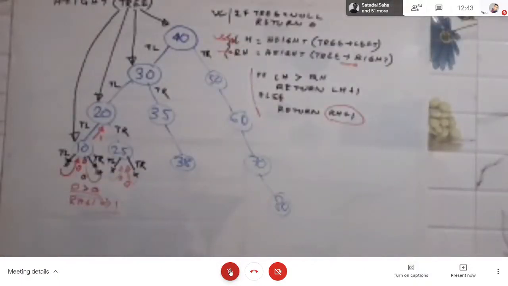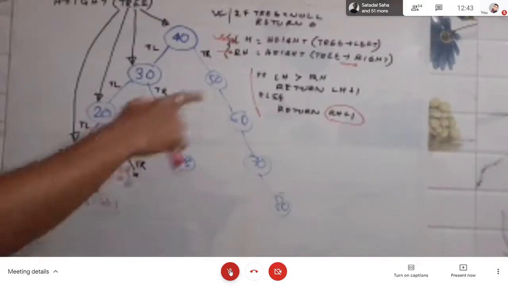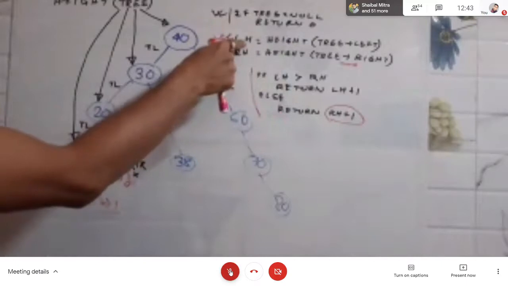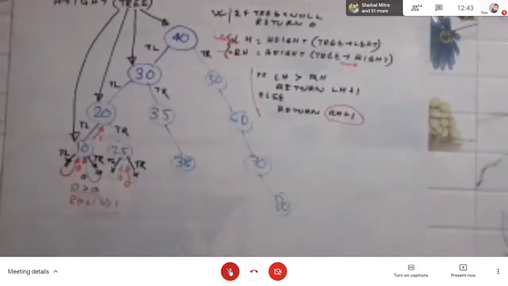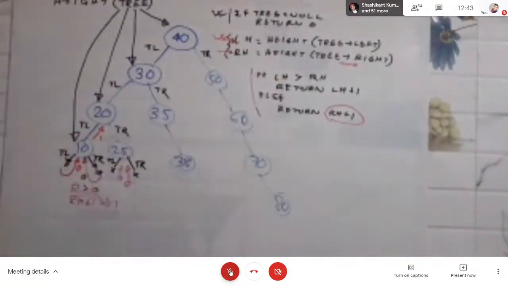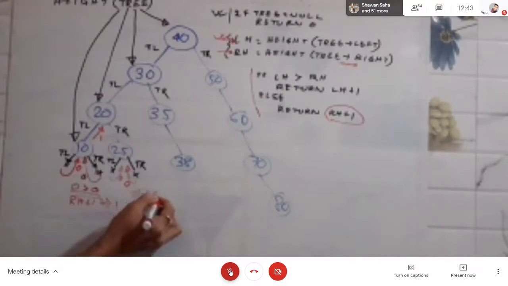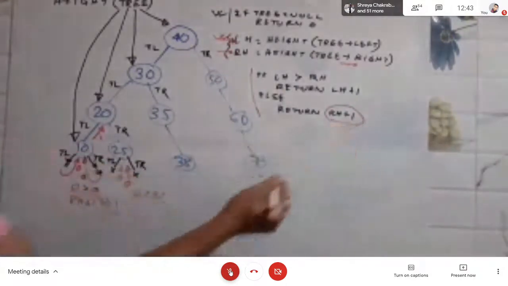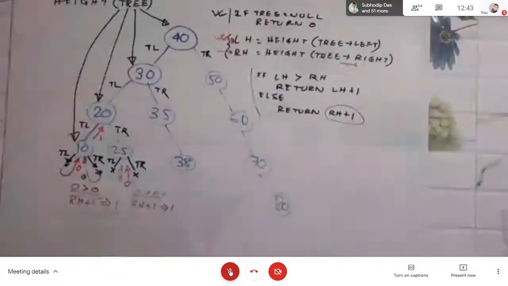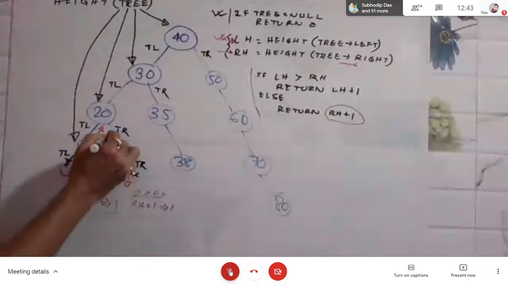So sitting at 25, these two heights are executed, and LH is 0, RH is also 0. Then sitting at 25, it compares whether LH is greater than RH. No, because 0 is not greater than 0, so this comparison will fail. Then it will return RH plus 1. In this case also RH plus 1 leads to 1.